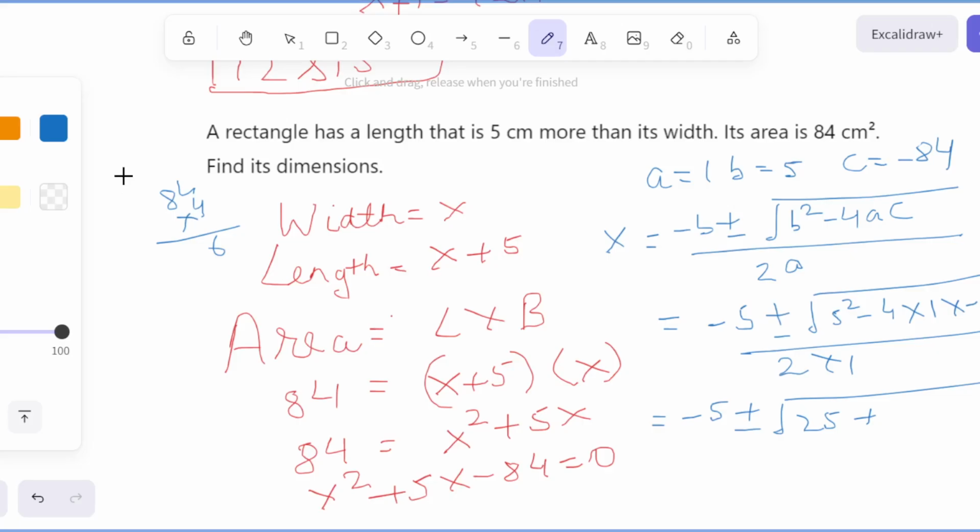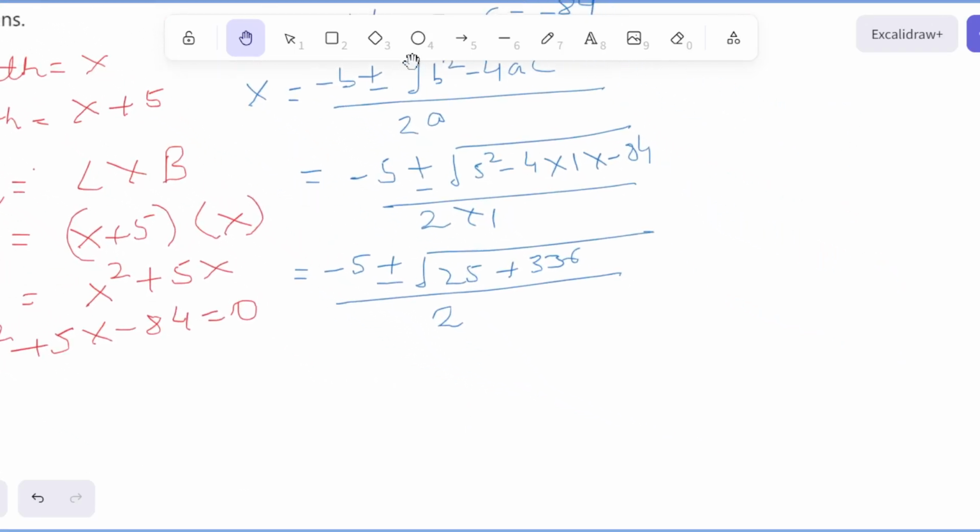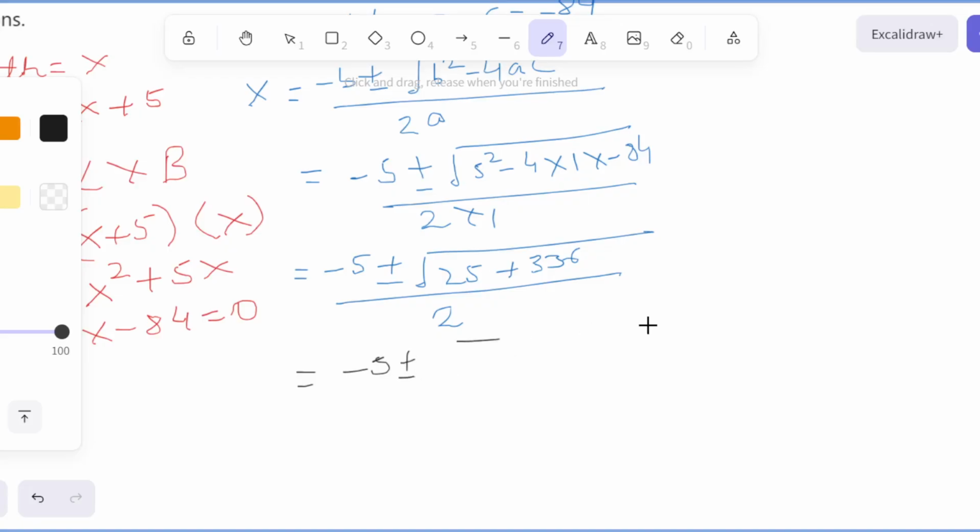So 4 times 4 is 16, 8 times 4 is 32 plus 1 is 33, so 336, divided by 2. 25 plus 336 is 361, and divided by 2.